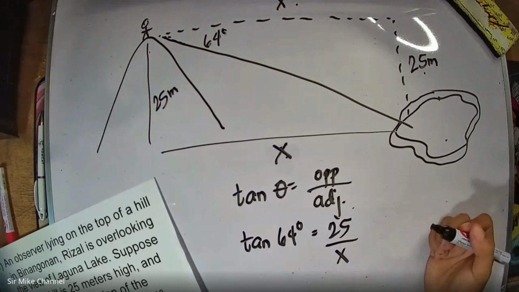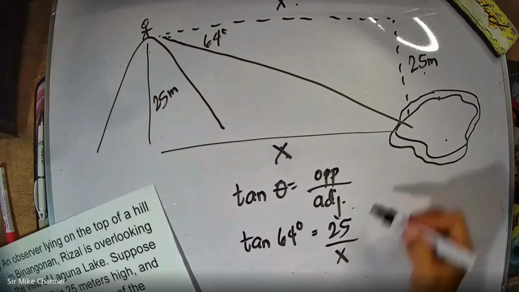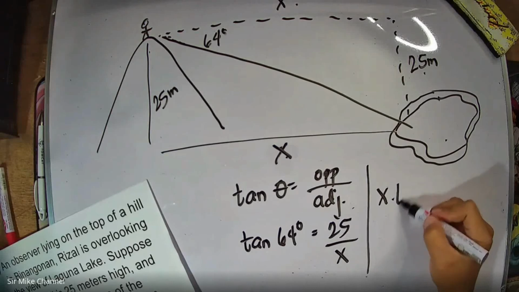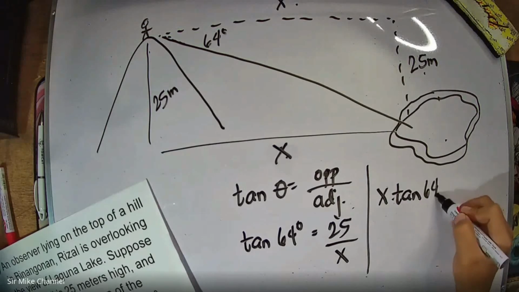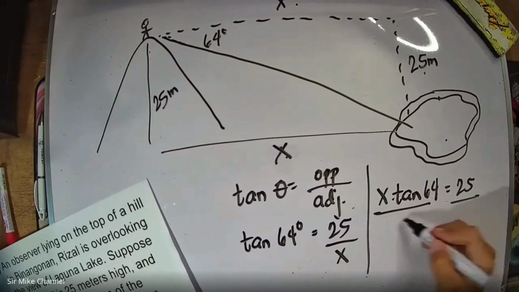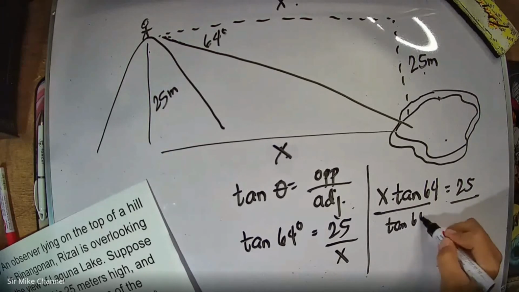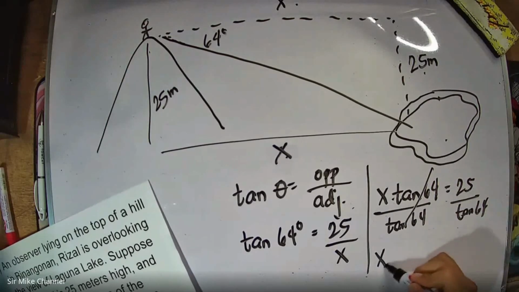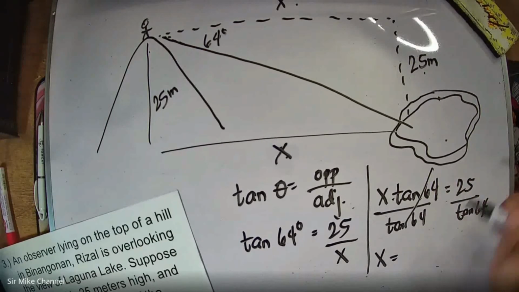Same as before, we cross multiply, so x times tangent 64 is equal to 25. To get the value of x, divide by tangent 64, so it cancels out.